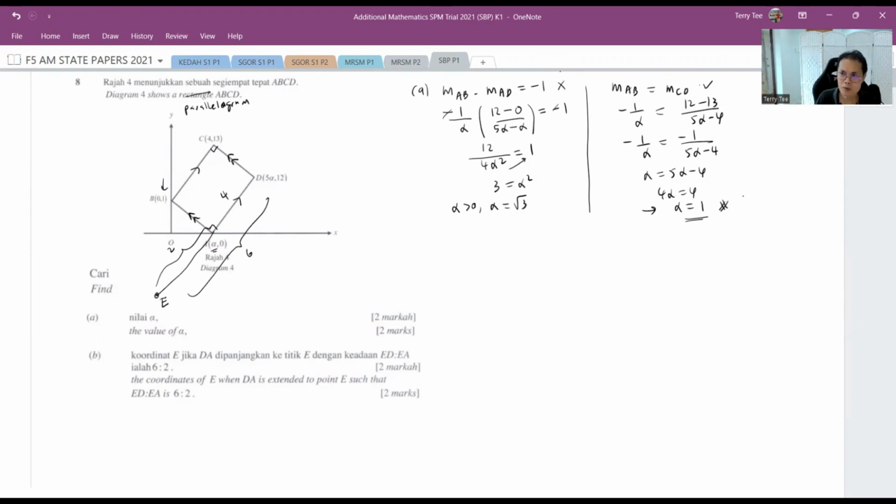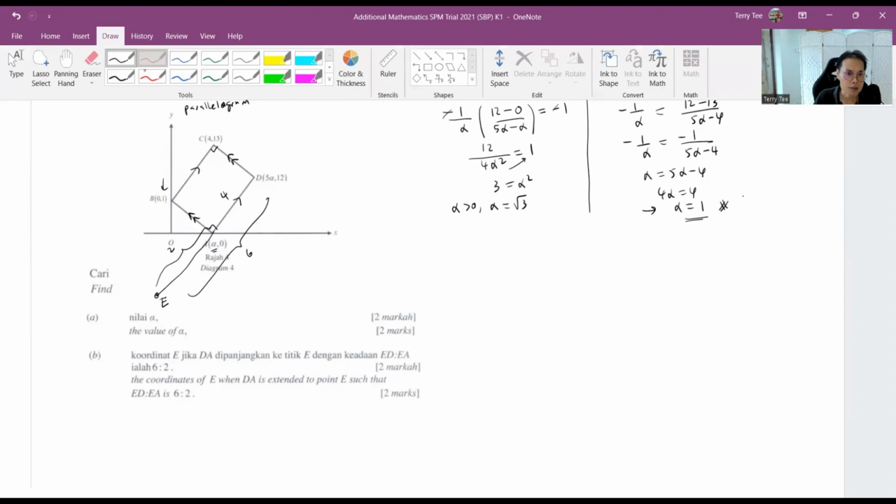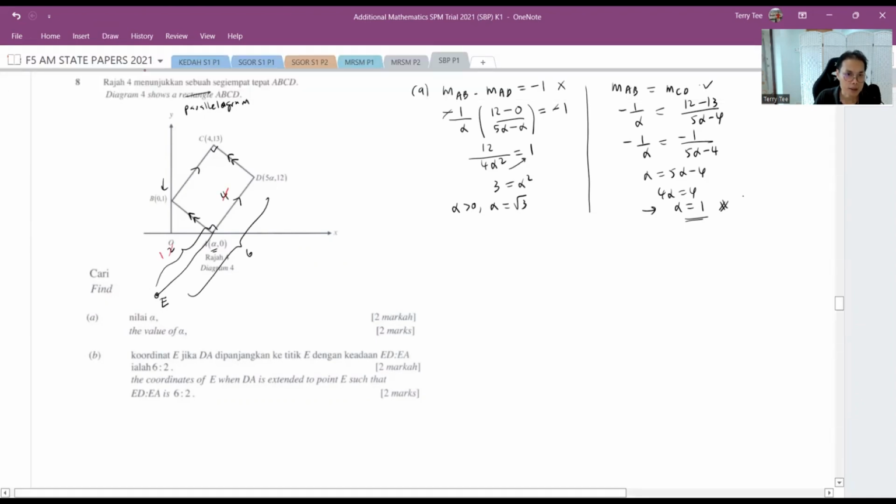I don't want to use 2 and 4 because the numbers are a bit big, so we can simplify by dividing by 2. I get 3 to 1. You can simplify to the lowest term. It doesn't affect the answer.